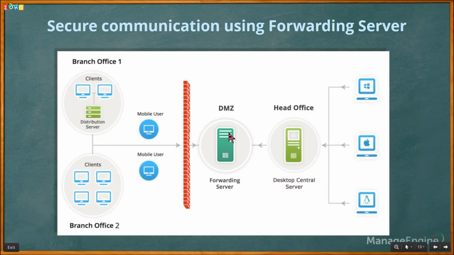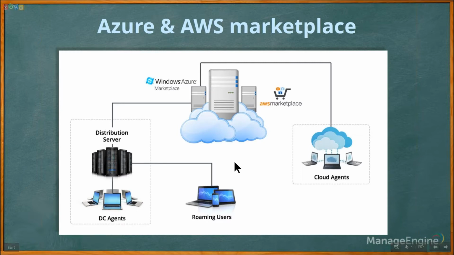And what if most of my agents are on cloud or on roaming users? Then you can probably have the Desktop Central server on one of the Azure or AWS instances so that you can manage cloud agents as well as LAN agents.